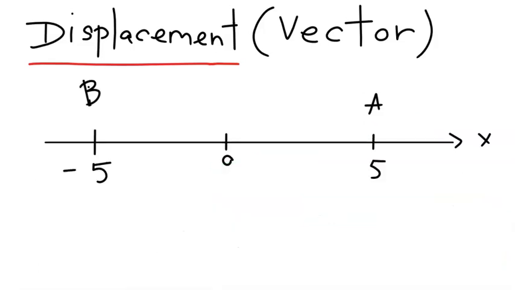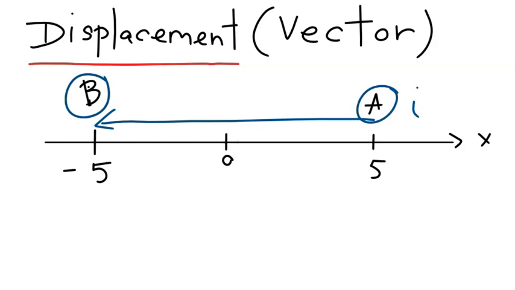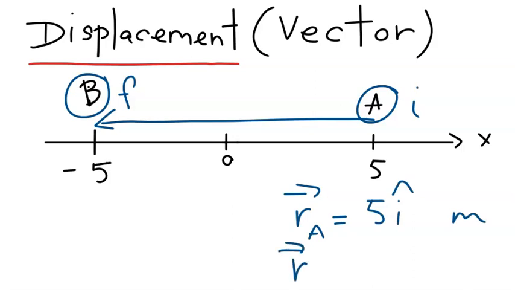So if you have an object that is going from point A to point B, A with an x-coordinate of 5 and B with an x-coordinate of -5, what is the displacement in this case? A is the initial point, B is the final point. The position vector of the initial point, point A, is 5i hat, let's say meters. The position vector of the final point, point B, is minus 5i hat meters.